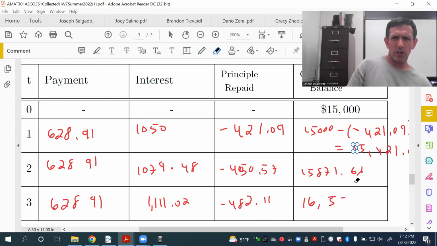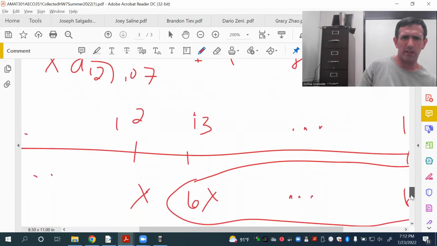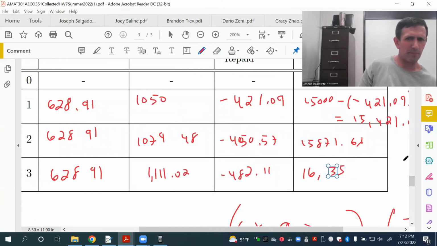So I haven't actually checked carefully, but I think it should be fairly obvious what would happen: once you hit the 13th payment of 6x, then and only then you're going to start to chip away at your principal, because you're paying quite a bit then. Instead of 628.91, 6 times that, you're paying almost 30, probably over $4,000 each year after that.